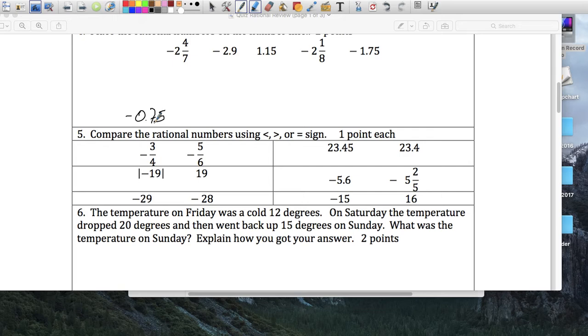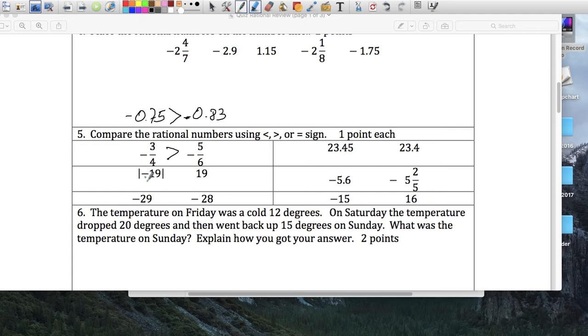Let's see, I'll check 5/6 as a decimal. It'd be 0.83. Okay, so it's negative 0.75 and negative 0.83. Remember, in negatives, the lower your number, the bigger you are, so the second one is greater.